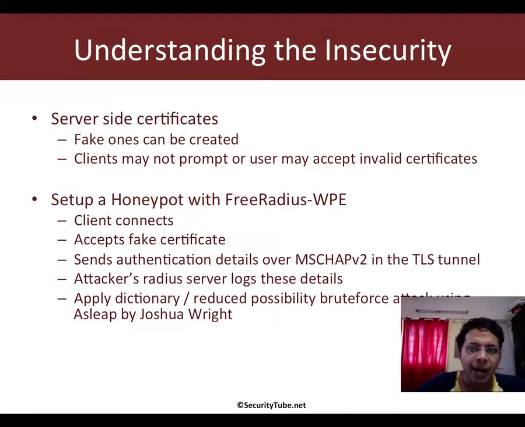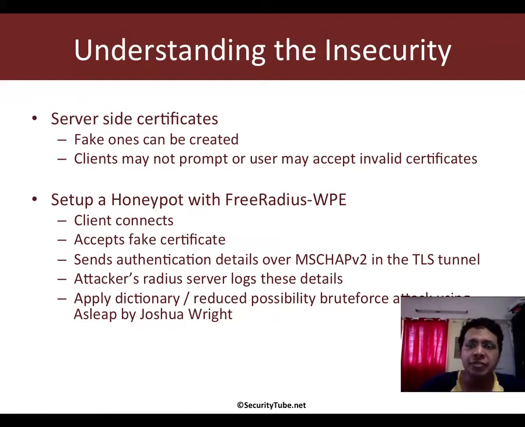Using this, when the client connects to this network, the server would go ahead and present the client with its fake certificate. Now, if the client accepts that certificate, then a TLS tunnel would be created between the wireless client and the RADIUS server, through which MSCHAPv2 based credentials would be sent.